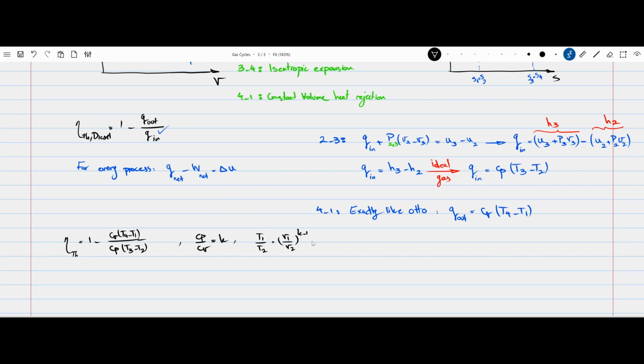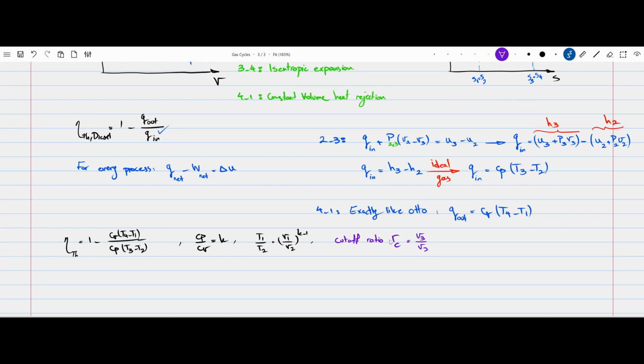Keep in mind that that equation is true. And also introducing a new property called the cutoff ratio. We show it with rc as V3 over V2.